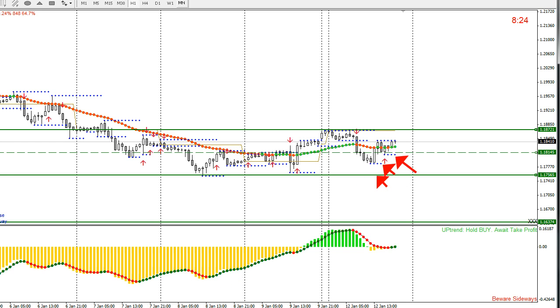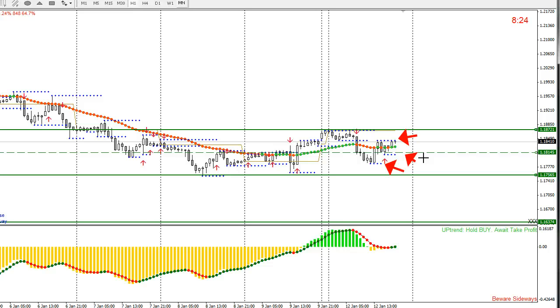The better ones would be this one or this one, this being close to the mid-range, which is not so reliable. So if you enter at that level, you can put your stop loss here. Same if you enter here, your stop loss will be at the same place following the TRENDRAGON trend line.